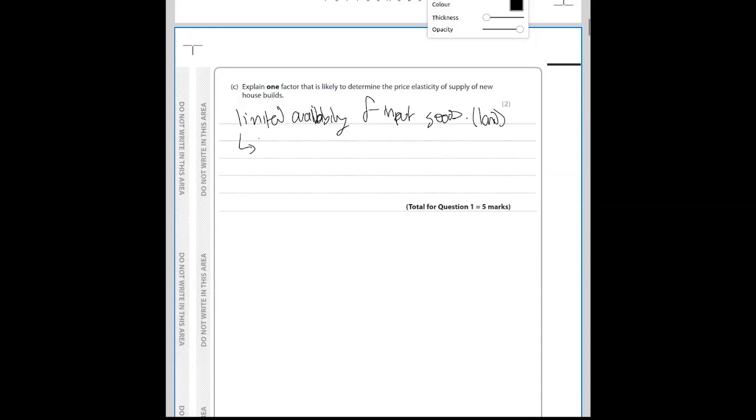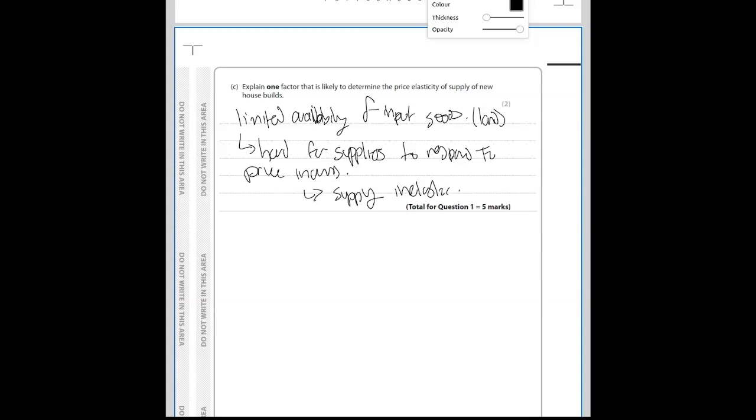That then makes it hard for suppliers to respond to price increases, which makes supply inelastic. Right, so if it's hard to find the land necessary to build homes, we're then going to have a price inelastic supply. But you could also talk about the availability of other input goods.